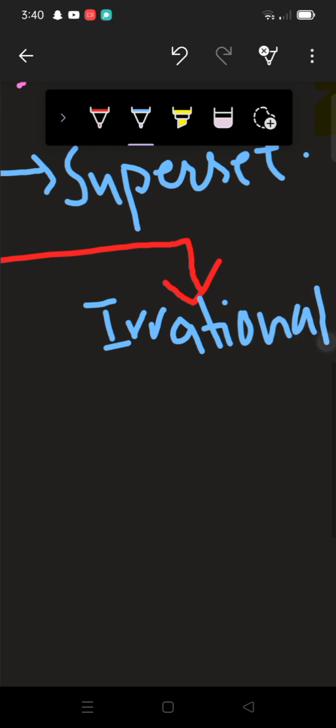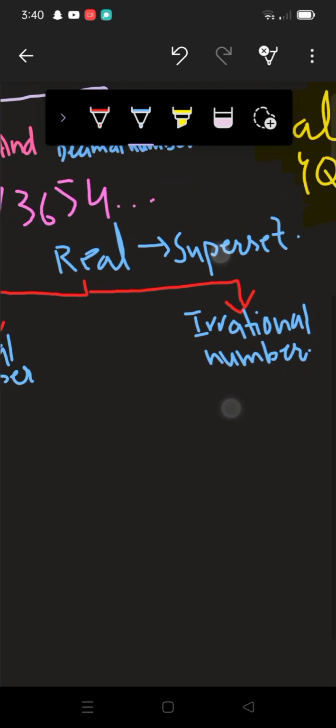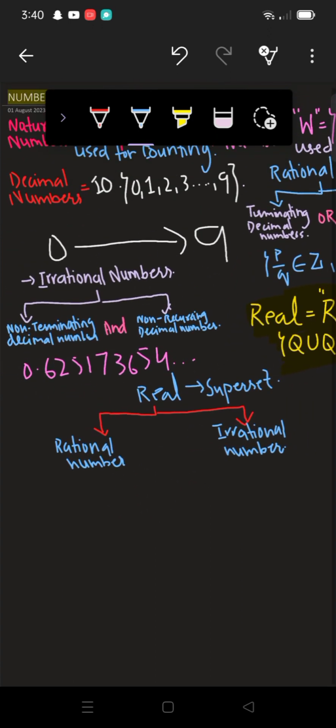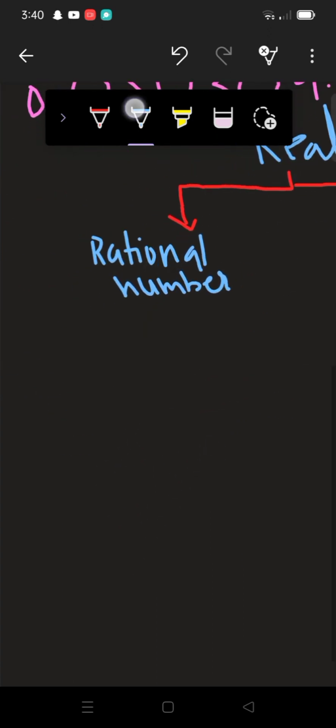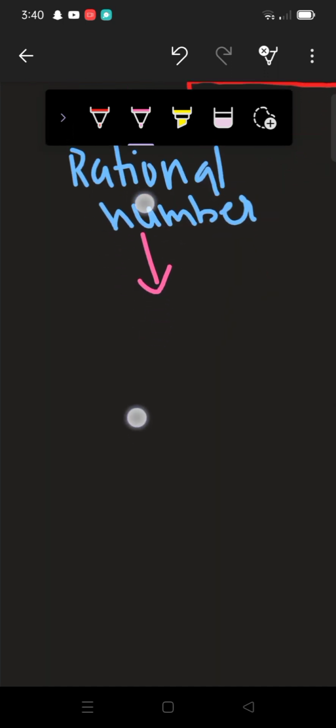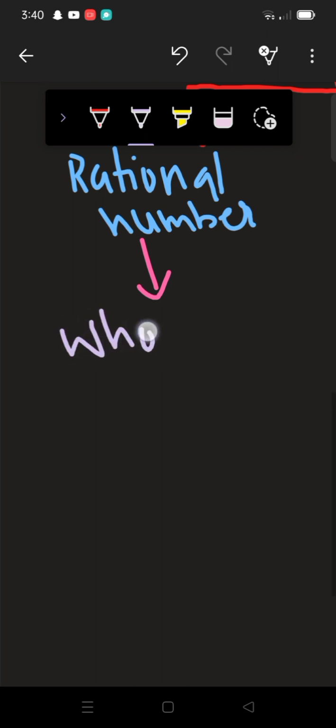So irrational numbers. Then from the rational numbers we have whole numbers. Basically I should put here integers.